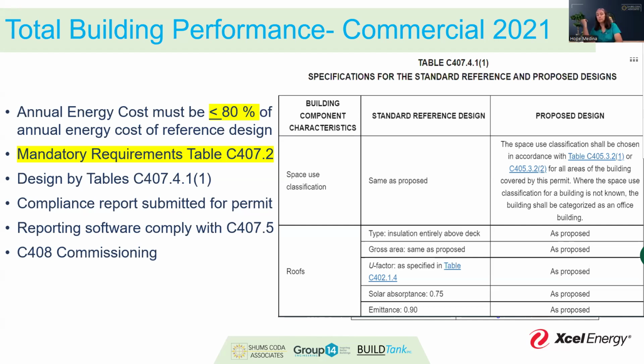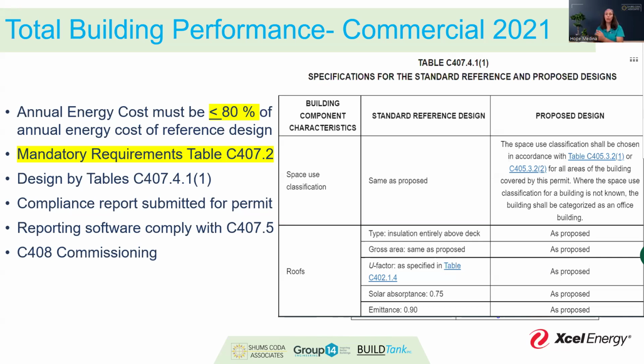And then, of course, you have to deal with commissioning. It does say you're going to commission your equipment, which means if your heating and cooling meets certain BTUs, or your service water heating meets certain BTUs, you would have to have commissioning for your mechanical. All of your lighting controls always have to be commissioned. So mechanical only if you meet specific criteria, lighting always.